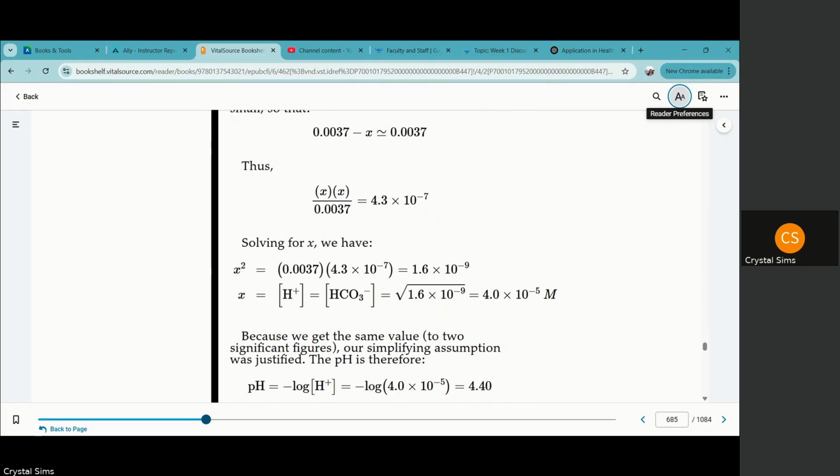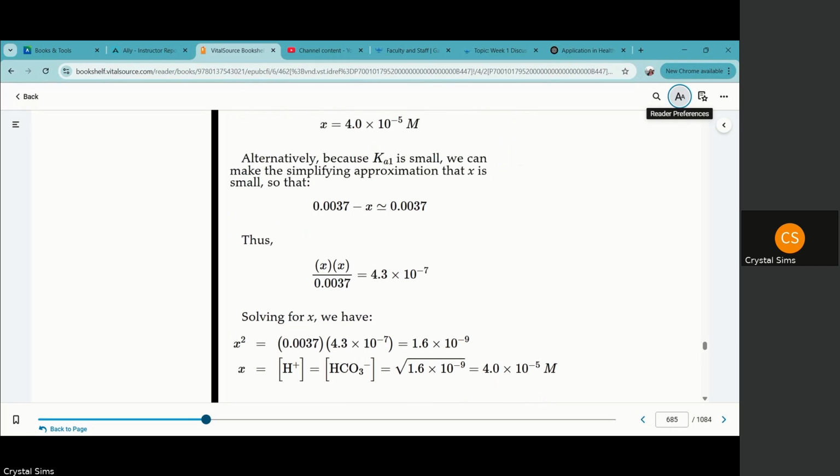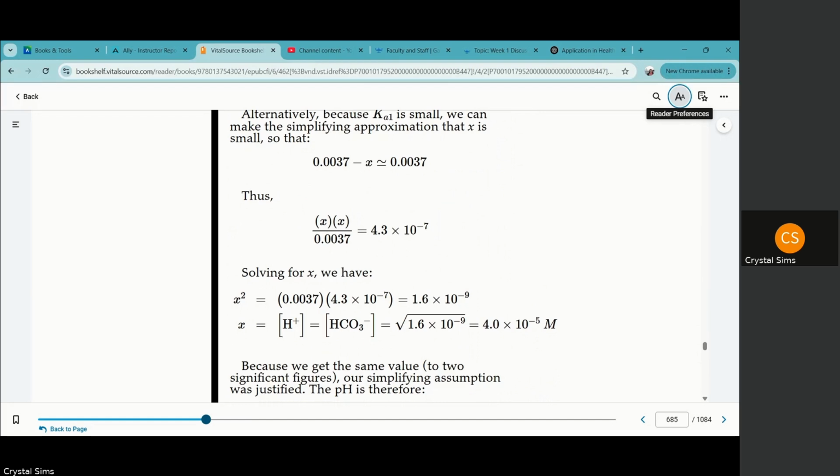And then when we looked at our number here, the Ka1 was so small that when I calculated it, it wasn't more than 5% of my initial concentration, so I could simplify and I didn't have to go through the quadratic formula. All right, so that is 16.14.